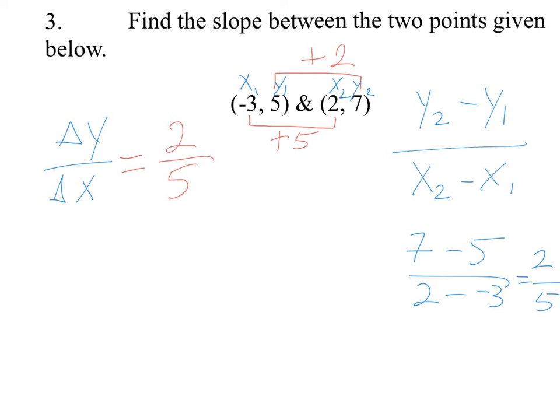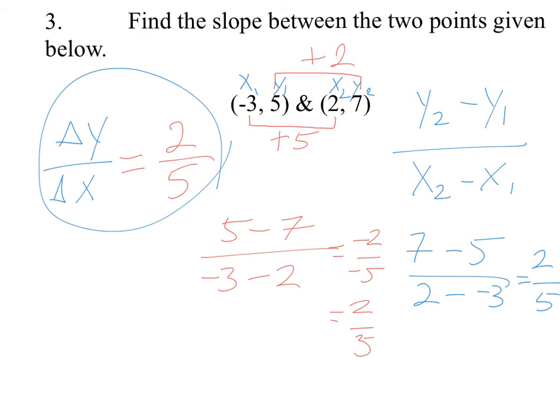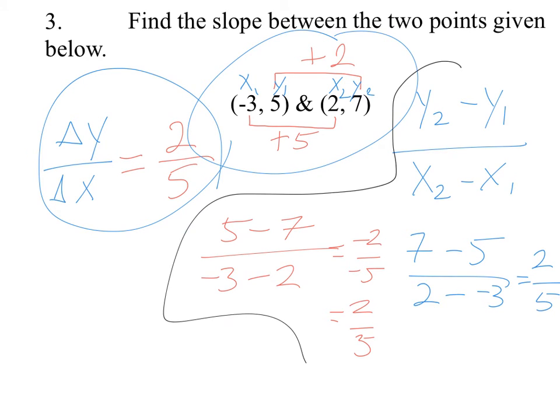Even if you had flipped that around and did 5 minus 7 over negative 3 minus 2 and got negative 2 over negative 5, well, the negatives there cancel each other out and you get 2/5. So you've got one way, which is kind of using reasoning up here. We've got a second way, which is using a formula. And we've got a third way, which we can make kind of a what I call a slope triangle.